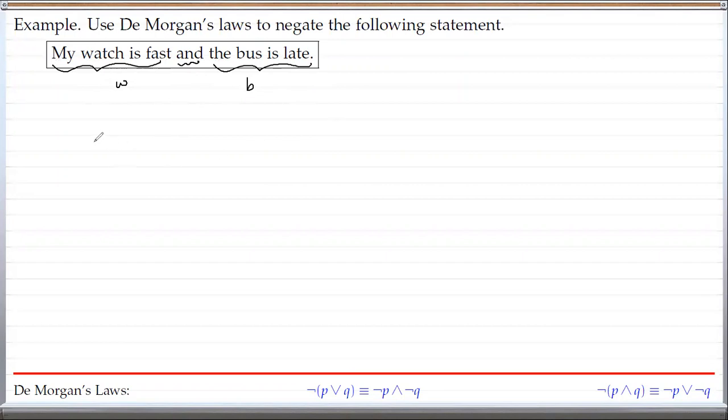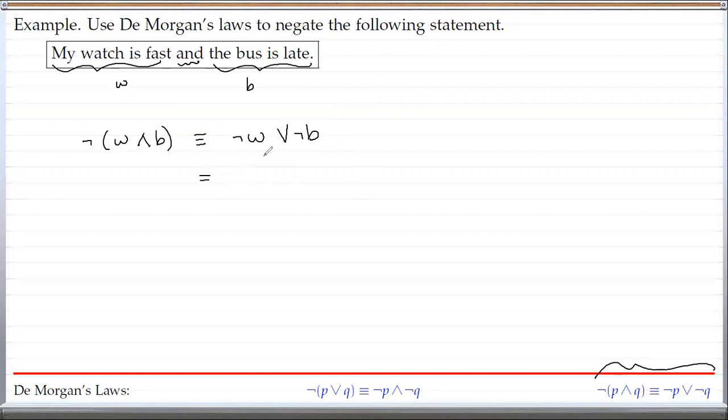So here we are trying to find the negation of W and B. We can use this formula. This is equivalent to not W or not B.